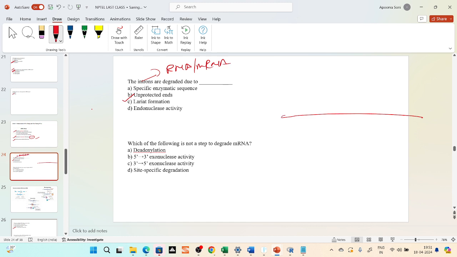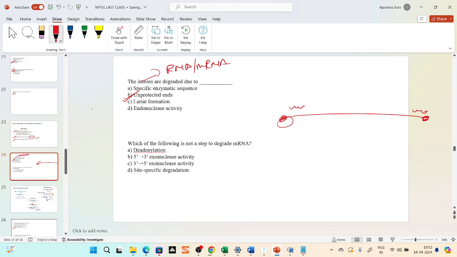There has to be some kind of protection. In mRNA, we have protection in the form of capping and tailing. If capping and tailing are not there, they can be easily attacked by exonuclease. So if they have unprotected ends, they are very prone to degradation. So the answer is B.